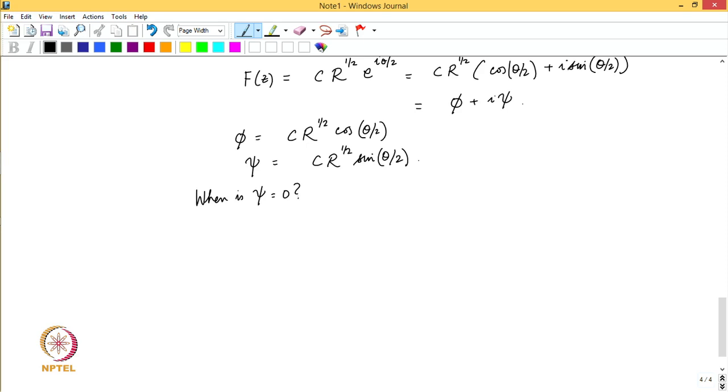So, in this case it would be when theta is either 0 or 2 pi, right. Pi will not be a solution because that would become sin pi by 2, which is 1. So, that clearly cannot be the solution, but between 0 and 2 pi where all the complex numbers are situated, we will have only two solutions which correspond to theta 0 and theta 2 pi. So, this corresponds to psi 0.